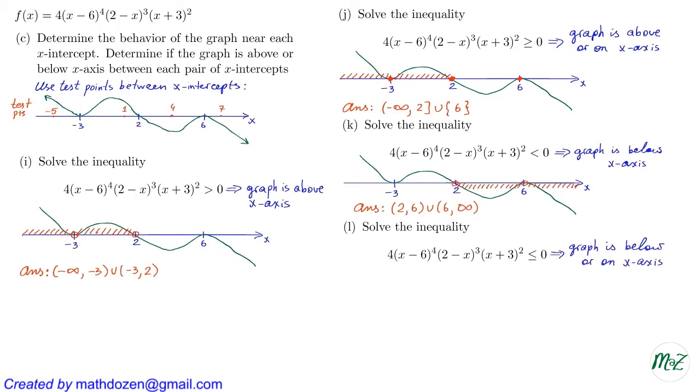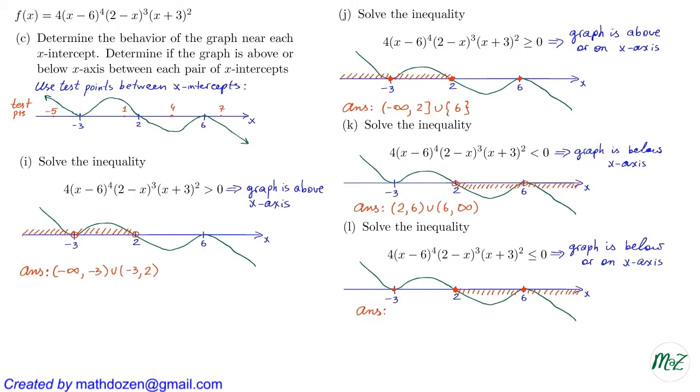Now for the last inequality, we have the non-strict inequality, the formula for the polynomial being less than or equal to 0. So that says that the graph could be below or exactly on the x-axis. So taking exactly the same picture, we shade the places where the graph is below, and then fill in all the x-intercepts of the graph, so -3, 2, and 6 will be part of the solution.